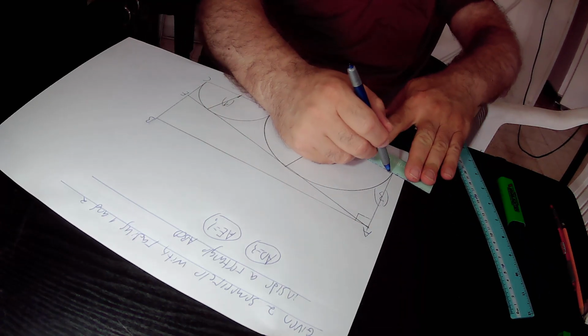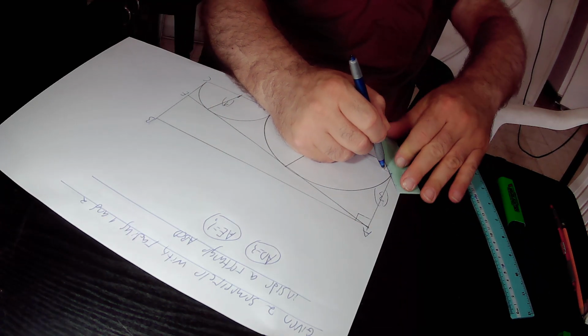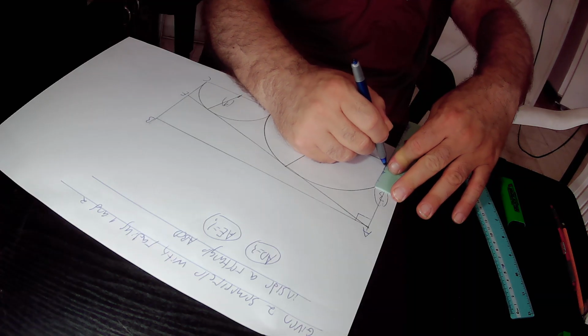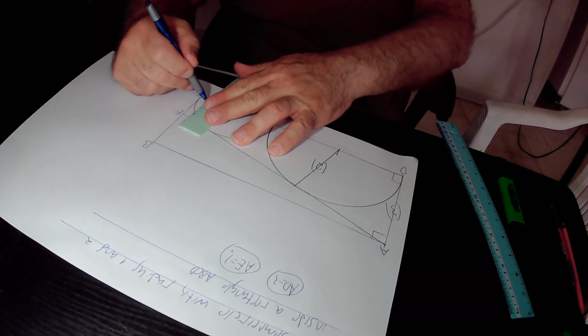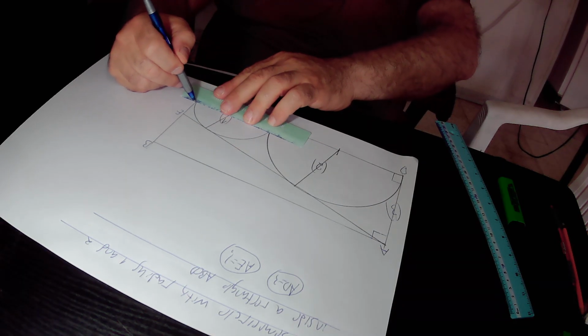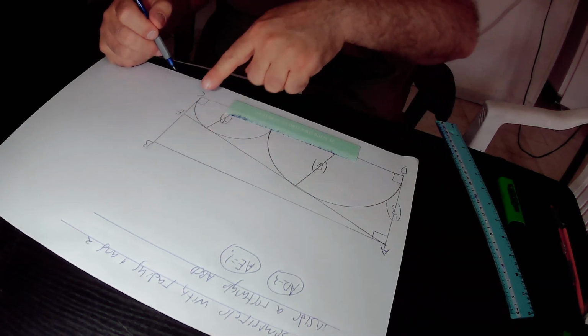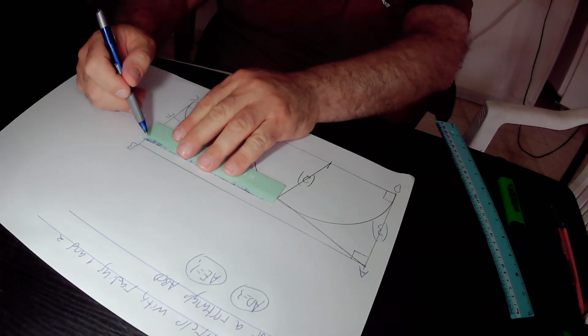This is also a right angle. This is a right angle. And this is angle ABC, that is also a right angle.